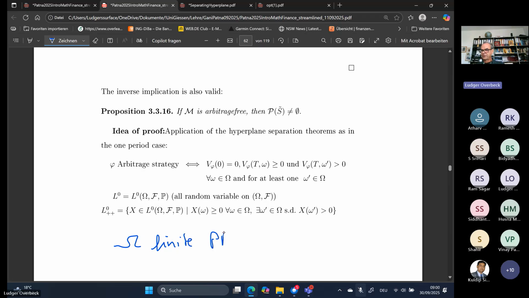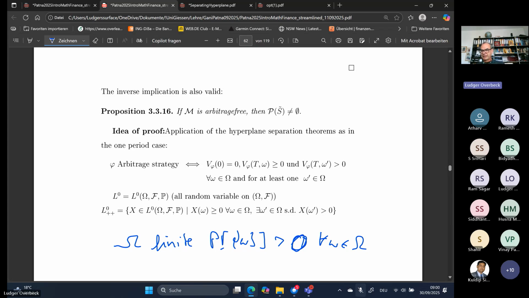We have also assumed that P(omega) is larger than 0 for all omega in Omega, just to make it simple.